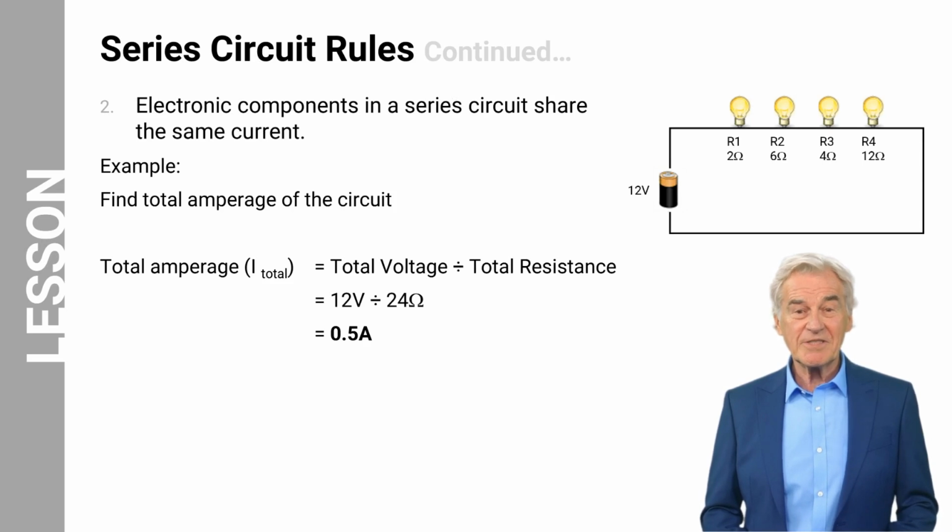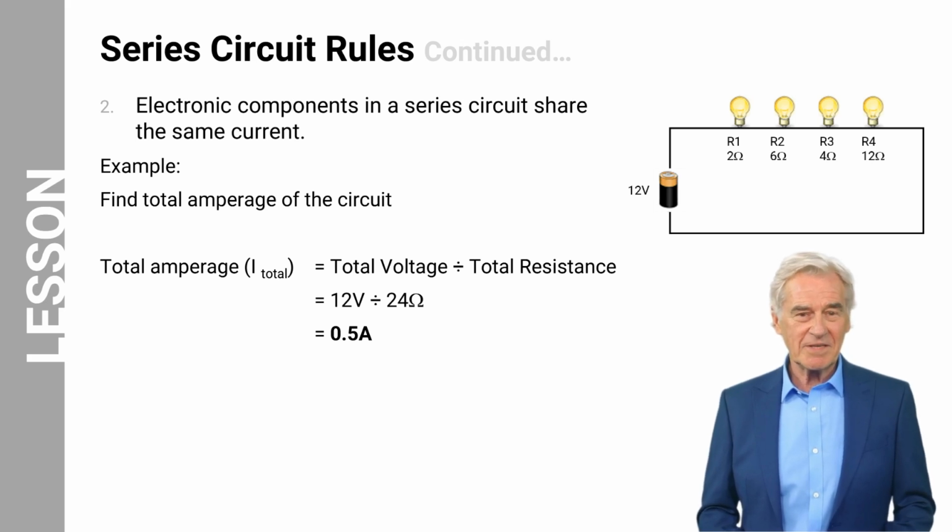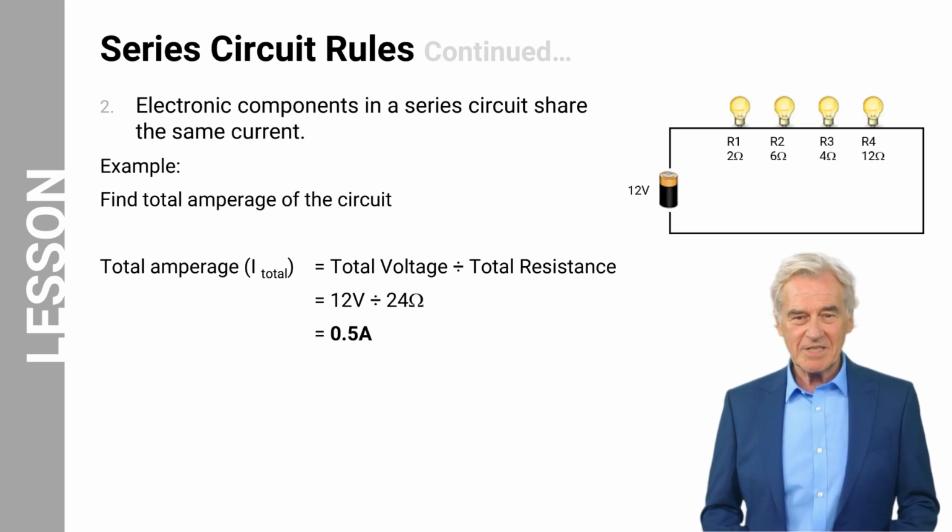Another key rule of series circuits is that all electronic components in the circuit share the same current. This means that the current flowing through each component is identical, regardless of the component's individual resistance. To demonstrate this principle, let's consider the same example of the previous slide, where we need to find the total amperage of a circuit.